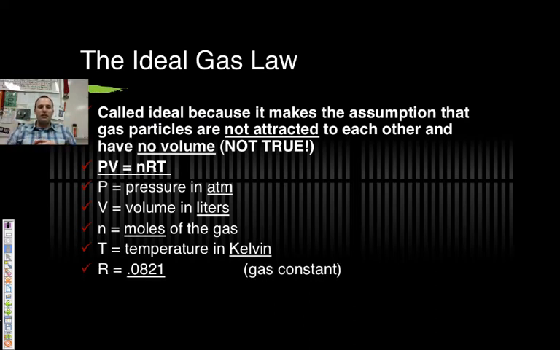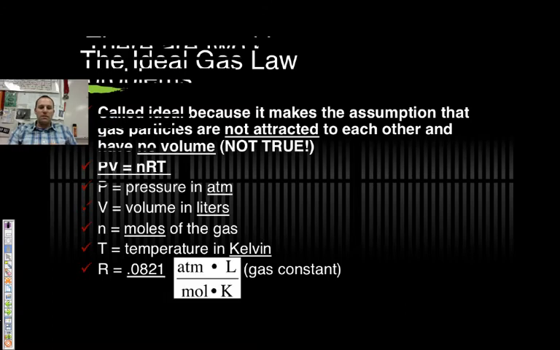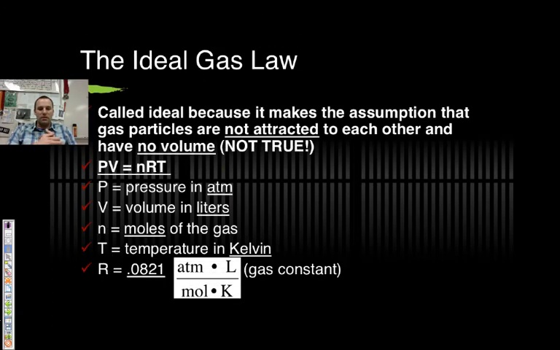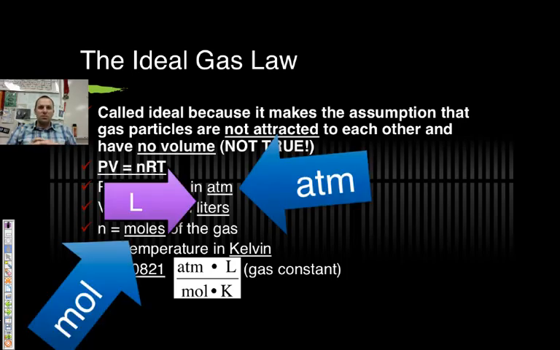And R is a special number that you're going to have to memorize. It's known as the gas constant, 0.0821. Okay? Atmospheres times liters over moles times Kelvin. I want you tonight, before you go to bed, to say to yourself 50 times, atmospheres, liters, moles, Kelvin.